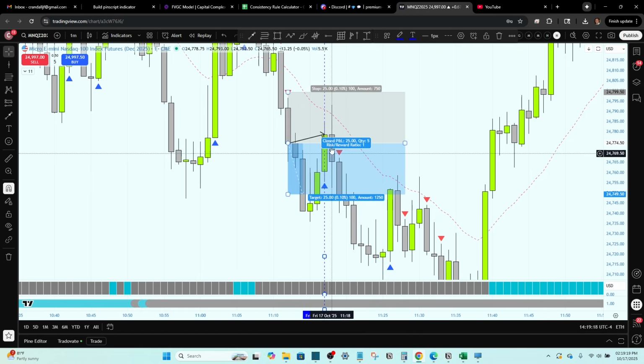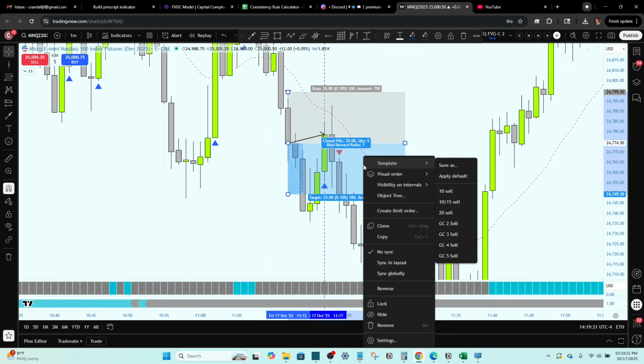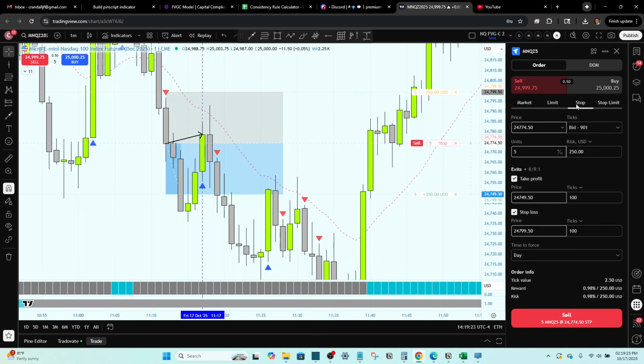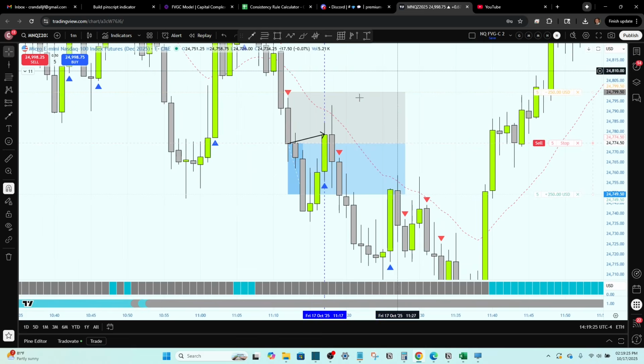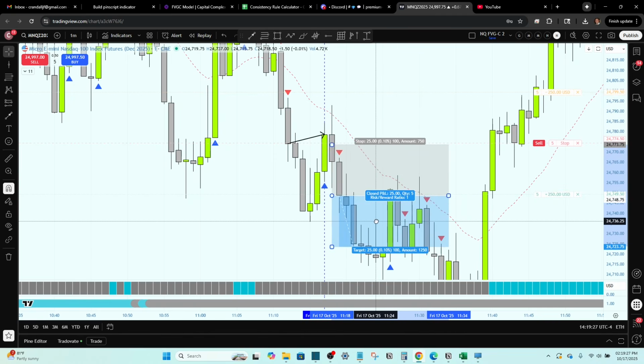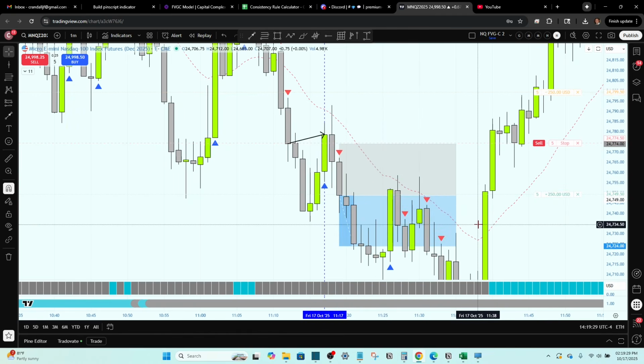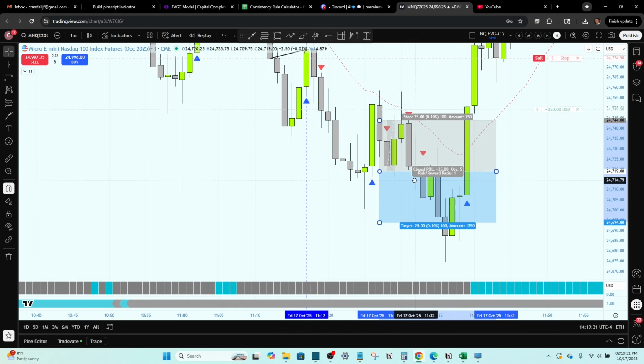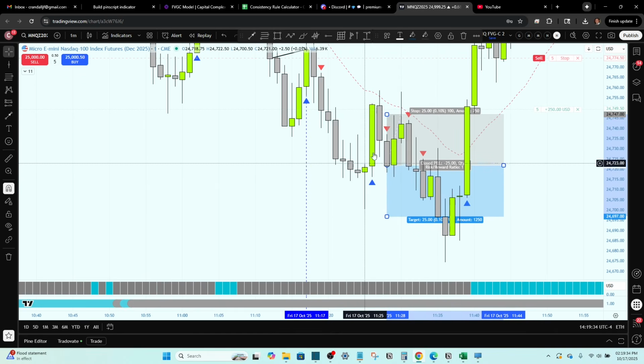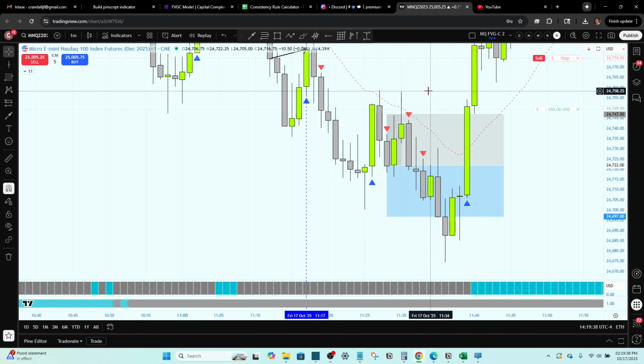And once I got that candle close, I would have right clicked, create limit order, stop, boom, boom, boom, boom, boom. And I just do that continually until it doesn't work, or it reverses completely, or I get a loss. Once I get a loss, I stop going in that direction.